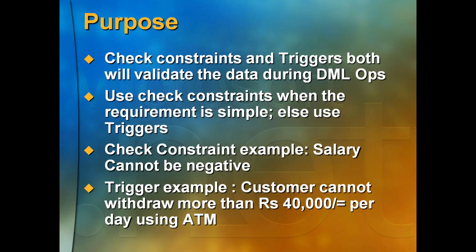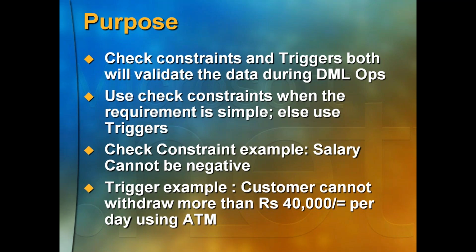If a robbery has happened, you're supposed to inform the police, but if you inform the army chief, they laugh at you, right? For the small things, you go to the police, but for the complex wars, you have to go to the army, defense, air force, right? So small validations you should try to achieve with the check constraint. If the check constraint is not able to support you, then you can use triggers.